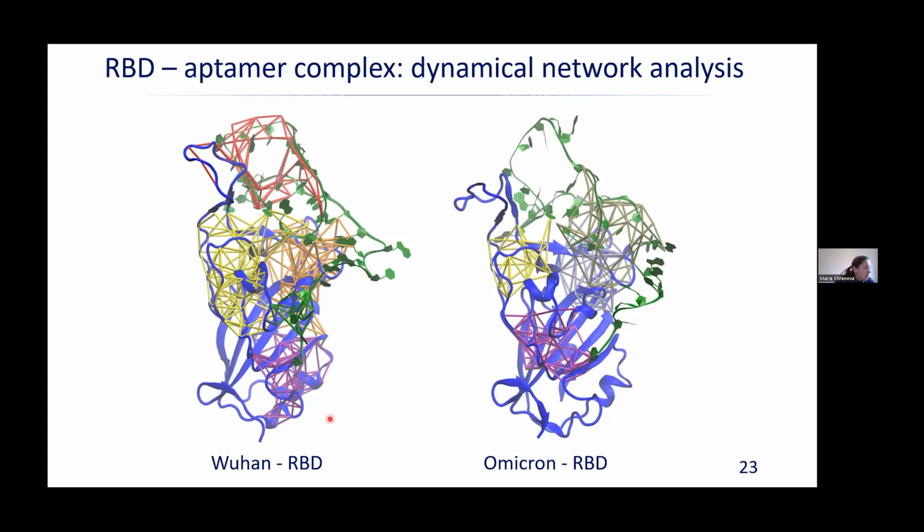The left picture demonstrates that there are many connections between protein and aptamer, whereas in the complex with the RBD domain from the Omicron strain, interactions are less pronounced, meaning that the motion of protein and aptamer is less correlated in the case of RBD domain from Omicron.